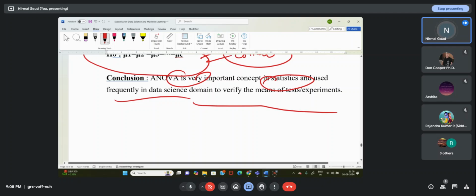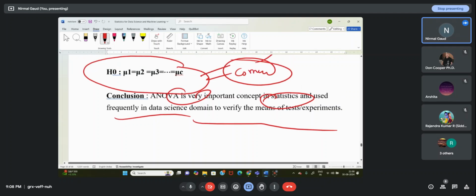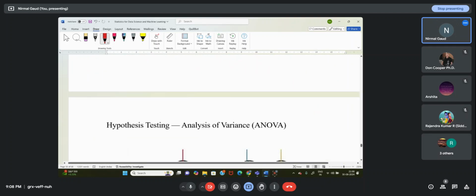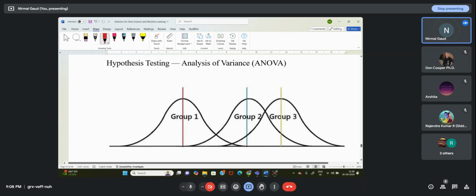Okay, so it's a very important concept in statistics, ANOVA. If I need to analyze the variance between the different groups, I will be applying ANOVA. You may see a distribution of a group like this, like this, like this.